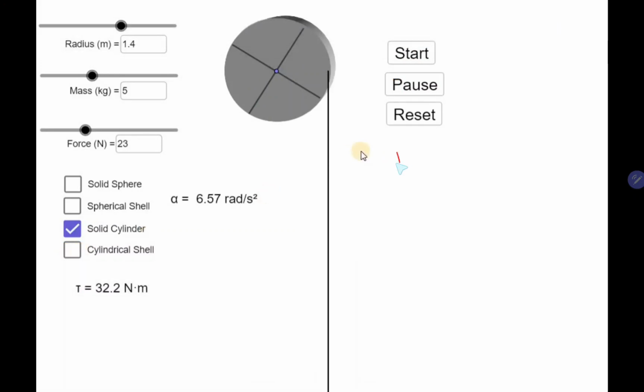I in this case is equal to half mr square, which equals 4.9 kilogram meter square, and the torque is not changing. It's equal to 32.2 for all types of pulleys. Alpha in this case is equal to the net torque divided by I, which equals 6.57 rad per second square.